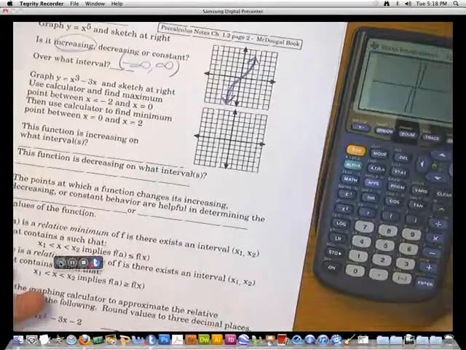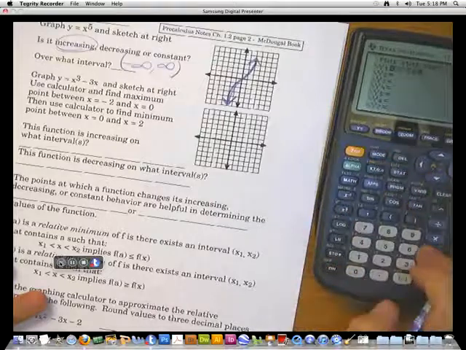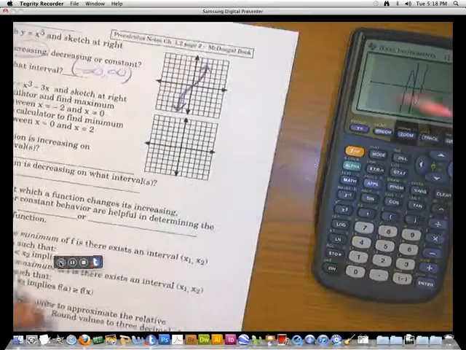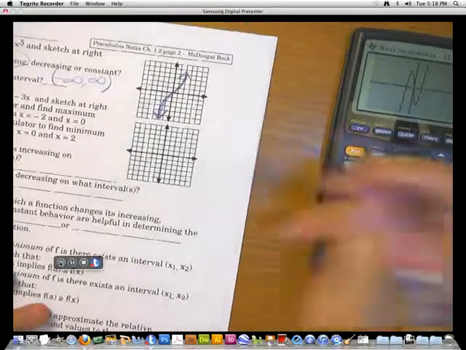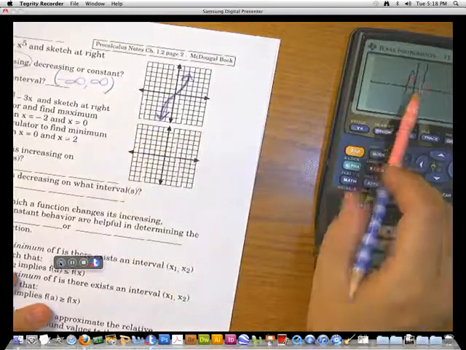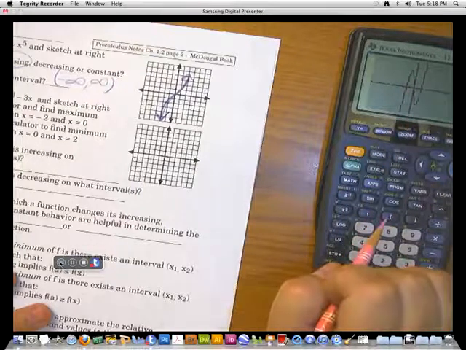Graph y equals x cubed minus 3x. Alright, so x cubed minus 3x. When I graph this picture, I'm just doing a quick sketch of this. Notice that we do have some change points, so we do want to be a little bit more specific.